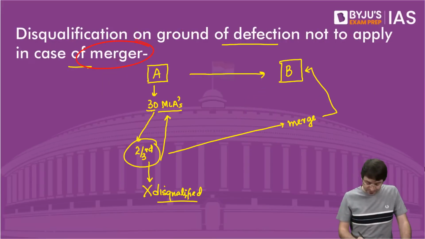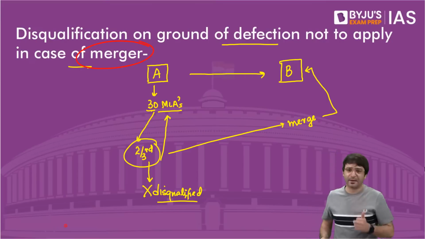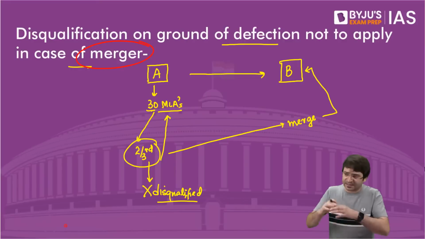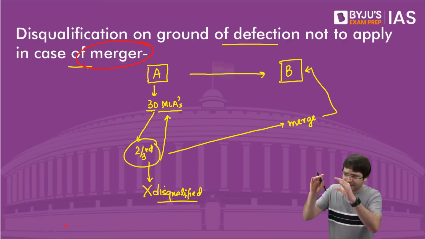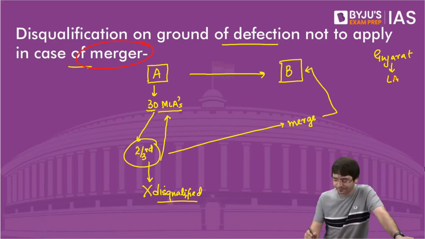And what is this merger? Listen to me carefully. Till recently, it was thought that, let's say in Gujarat, for example, there is a legislative assembly in Gujarat.